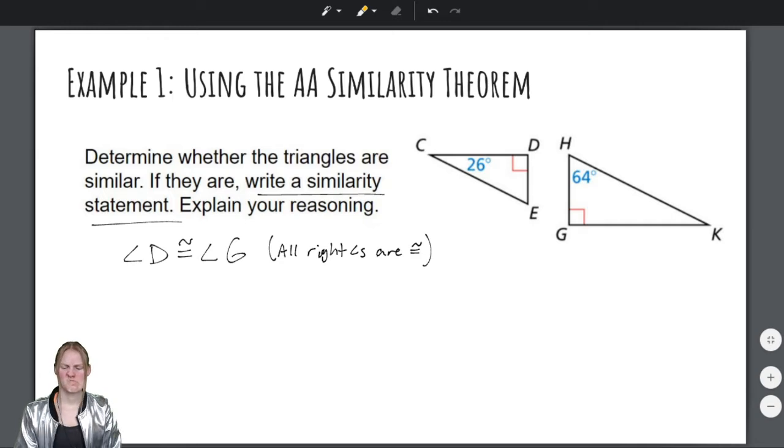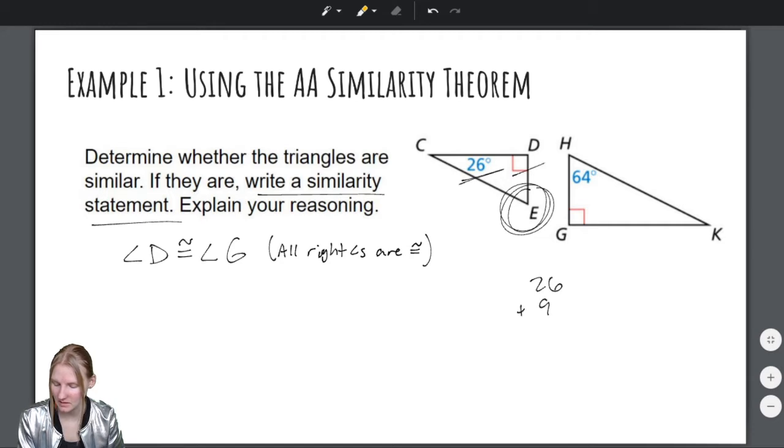Now, obviously angle C and angle H aren't congruent, but what is the measure of angle E? Could angle E be congruent to angle H? Let's figure out what is the measure of angle E. So I'm gonna take 26 plus 90 degrees, and I get 116 degrees.